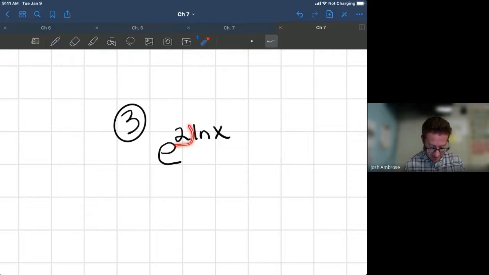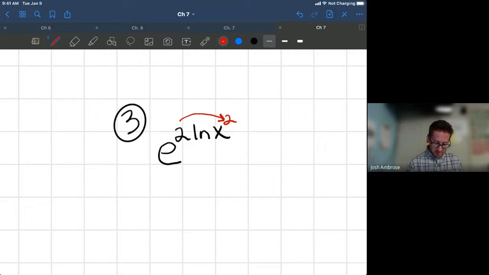If you notice you have a coefficient in front of your natural log, you need to take this 2 and bring it over here and put it back to the power of 2. You remember when we were doing that, I think this goes back to section 4 or 5. I think this is the power property, and we're going to take this 2 and bring it right up here so that it's going to be brought to the power of 2.